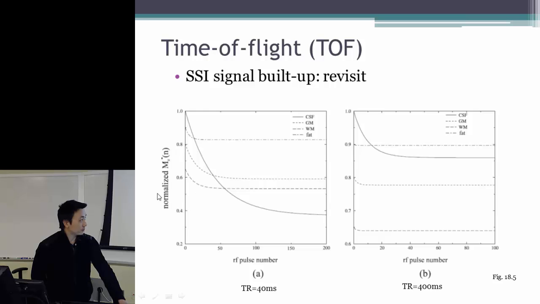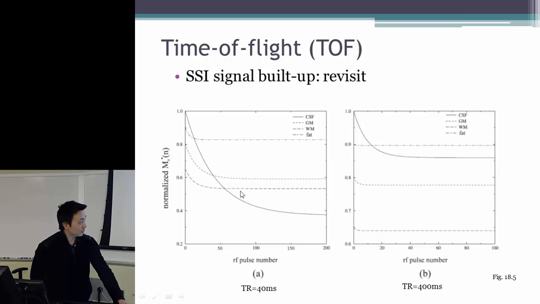But when we are talking about the buildup of the signal from the equilibrium state, when we first apply a few excitation pulses instead of many, we can observe that there is a signal decay.